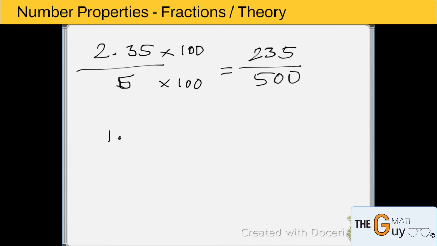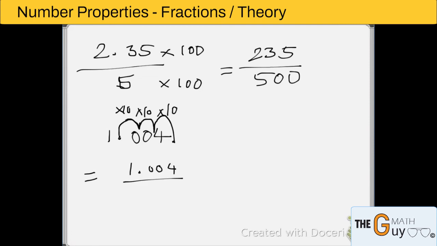If I have 1.004, I want to convert this into a fraction to calculate something, right? I want to get rid of decimals because I hate decimals. So I want to move the decimal 1, 2, and 3 places, past the 4, so that the number completely becomes a whole number. For each of these moves, I need to multiply by 10. So this is 1.004 over 1, remember.